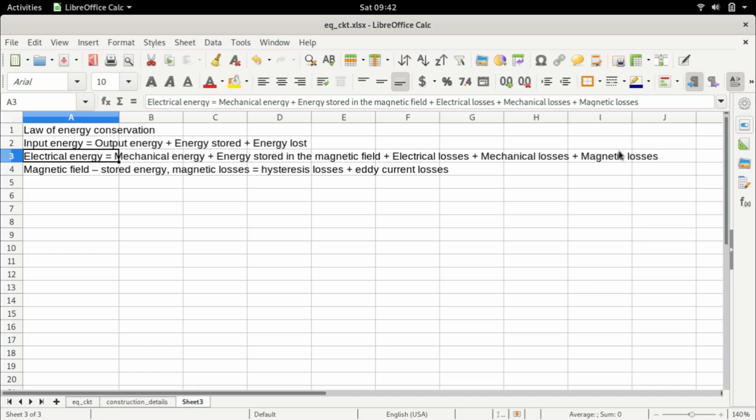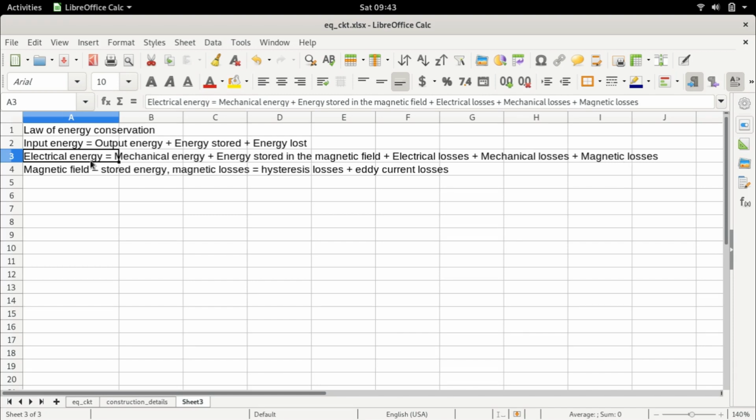You typically have magnetic losses which are very minimal as compared to mechanical and electrical losses. In terms of mechanical losses also, one can say that they are usually much lower than electrical losses, and also electrical losses can be expressed in such a way that they actually also represent mechanical losses and magnetic losses, right? And we'll talk about that soon.